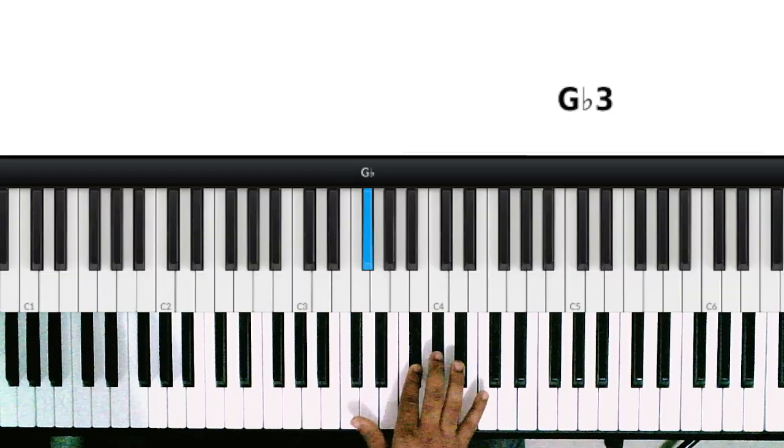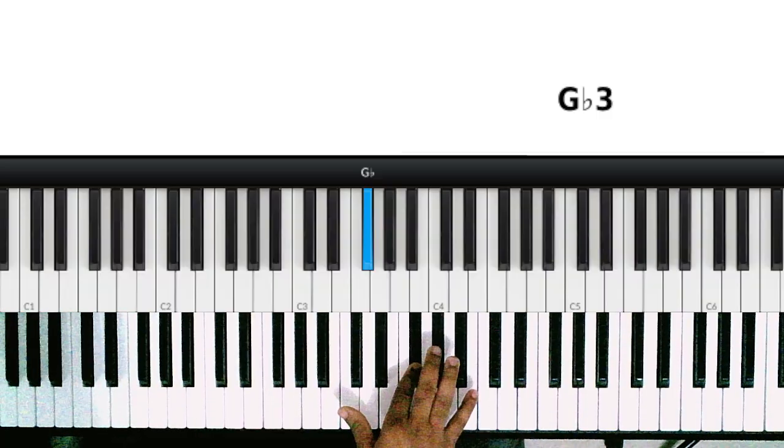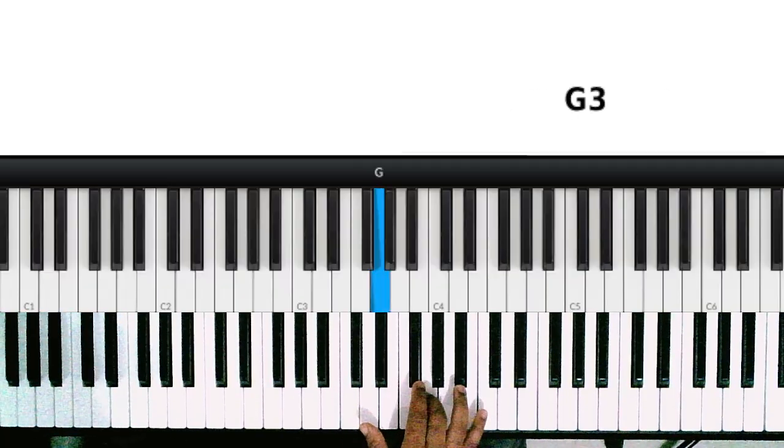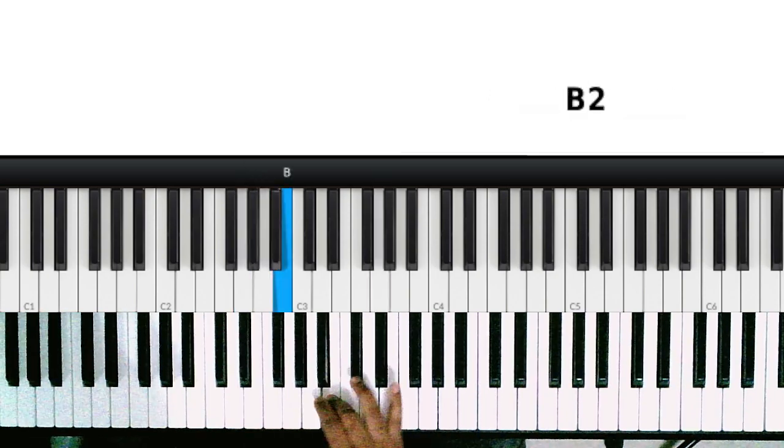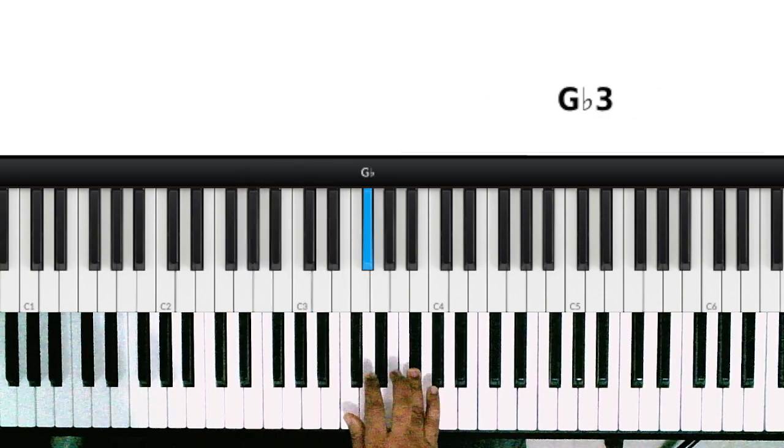Then our 7 to 1, or 8 back to G, what do we have? We can guess tone or semitone. That's a semitone. So now you have your G major scale.